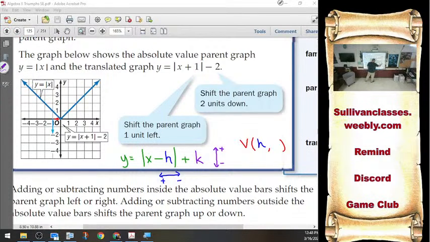Because we're going to take the pointy part of this V and we're going to move it left, right, up, or down. So look at their equation. It says +1 in the brackets. Left or right? +1 in the brackets.